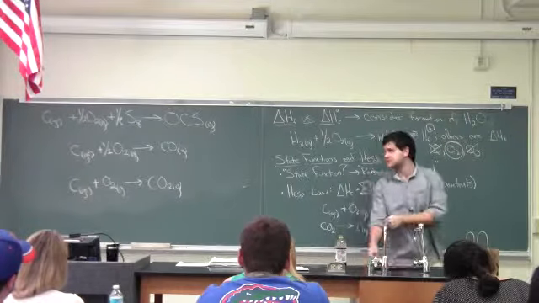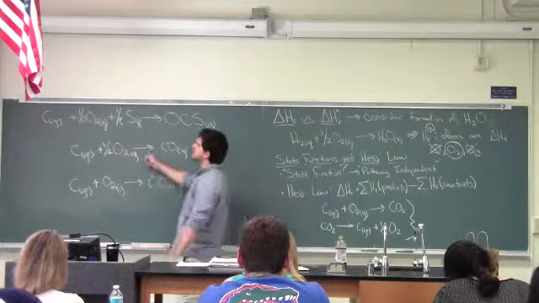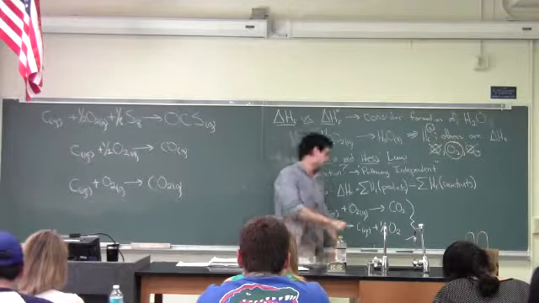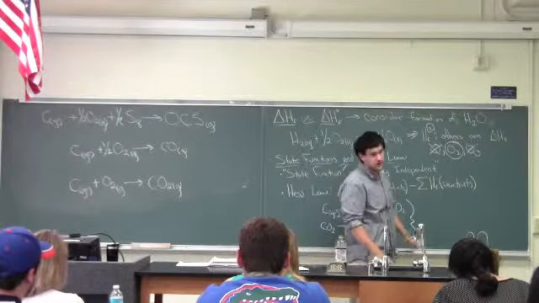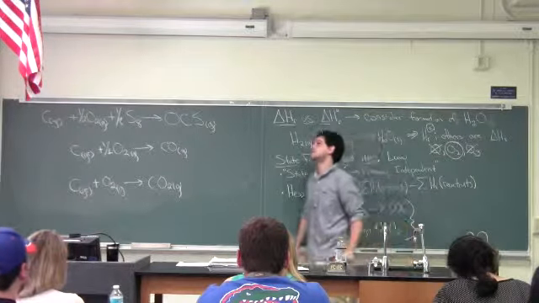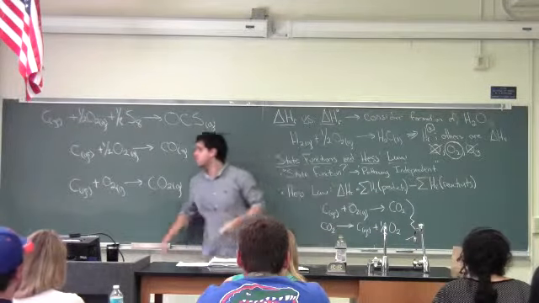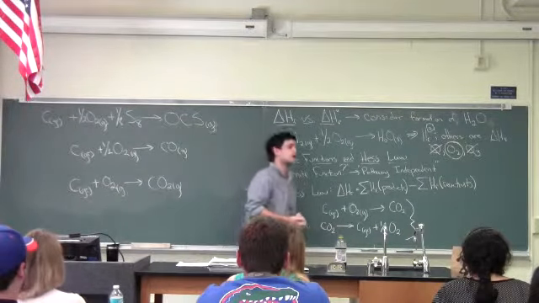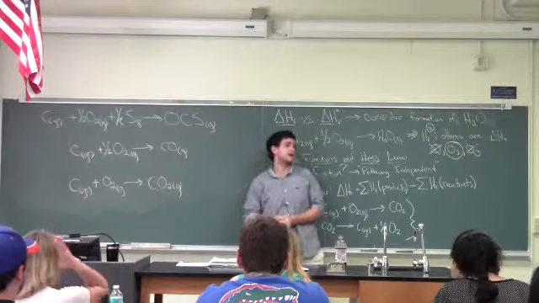Now you guys know this. If you're at a barbecue and this reaction occurred in favor of this one, the person behind the grill would probably die. Carbon monoxide is pretty poisonous. But, fortunately, carbon and oxygen react 100% with one another to give us carbon dioxide gas.